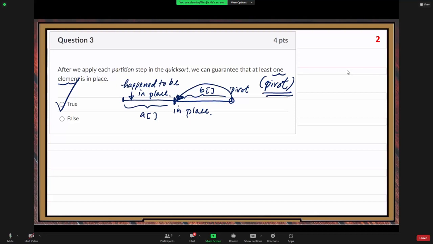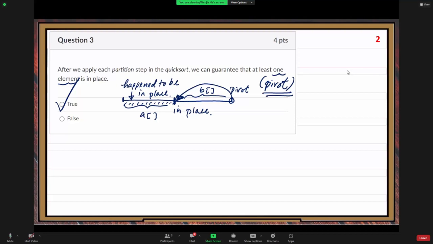Why? Because when we do divide and conquer, when we do recursion and apply another partition step, we may change its position. There is a good chance it won't be in place after another round of partition.